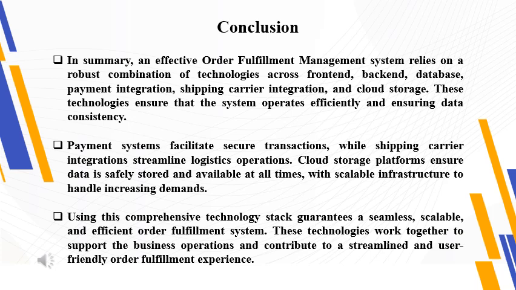PostgreSQL and MySQL serve as the backbone for data management, handling complex queries and ensuring data consistency. Payment systems like Stripe, PayPal, and Razorpay facilitate secure transactions, while shipping carrier integrations such as REST APIs for FedEx, UPS, and DHL streamline logistics operations.